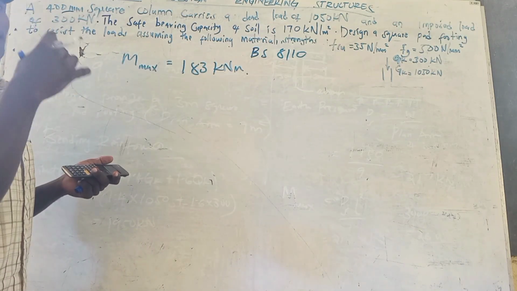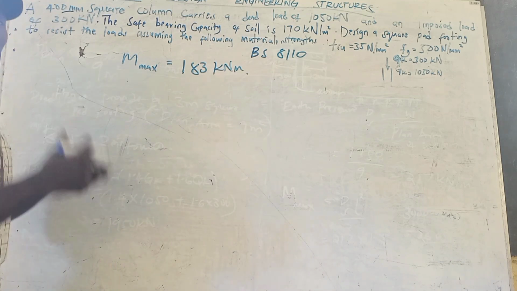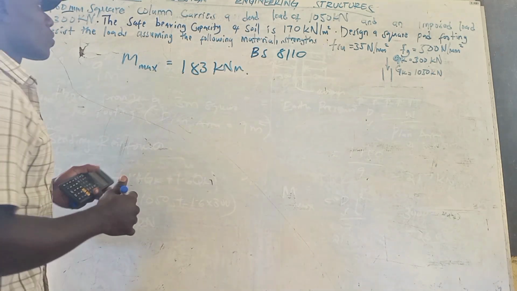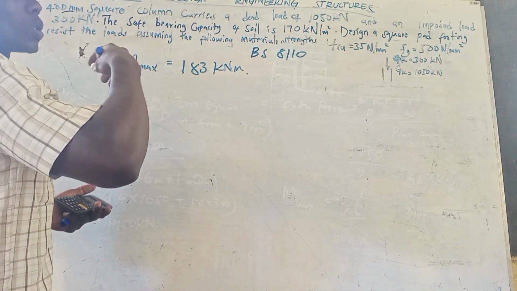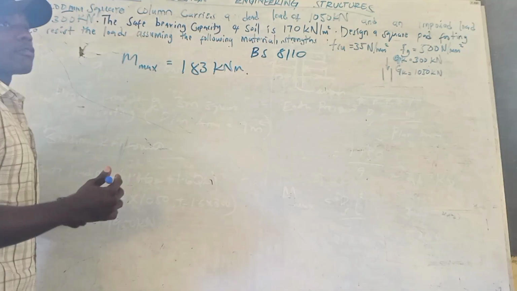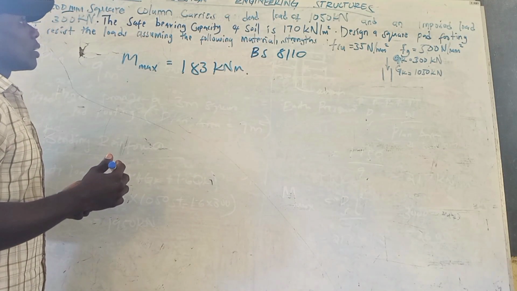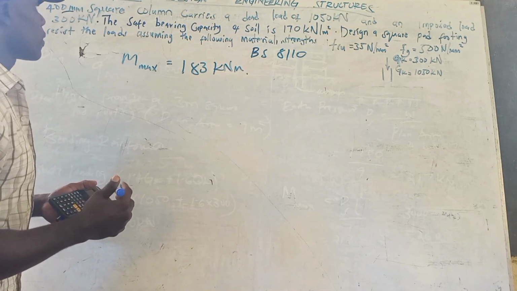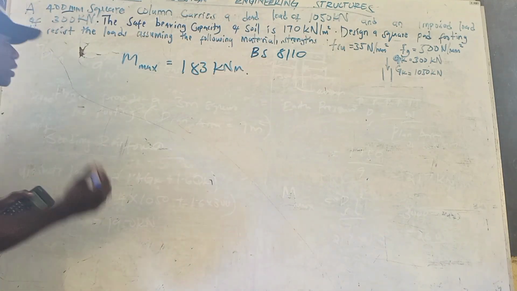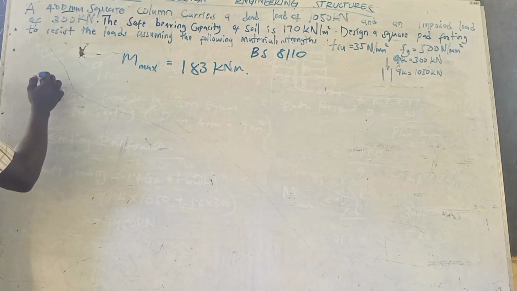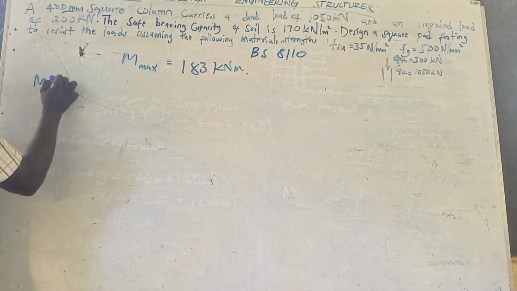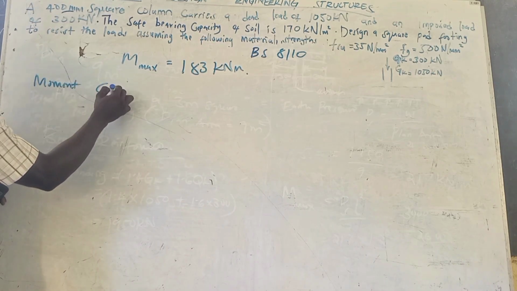So we move to the next step, which is the capacity. This is now what our footing fights back with. In this case, we're going to proceed as follows. So our moment capacity.